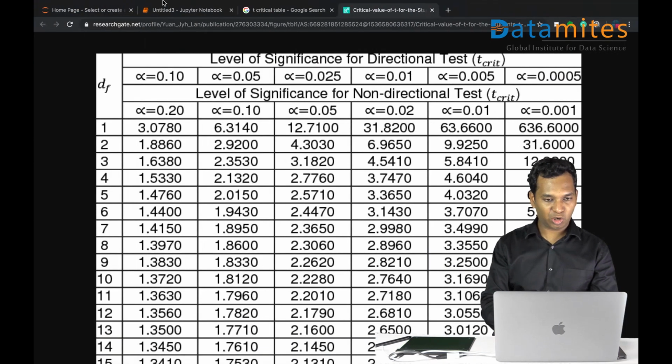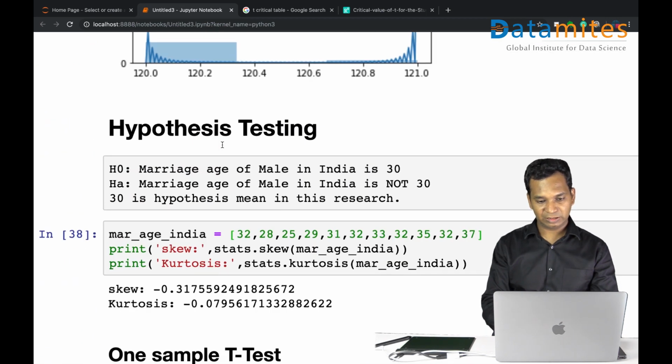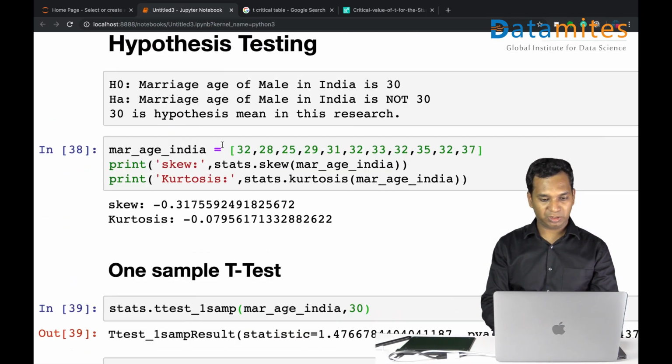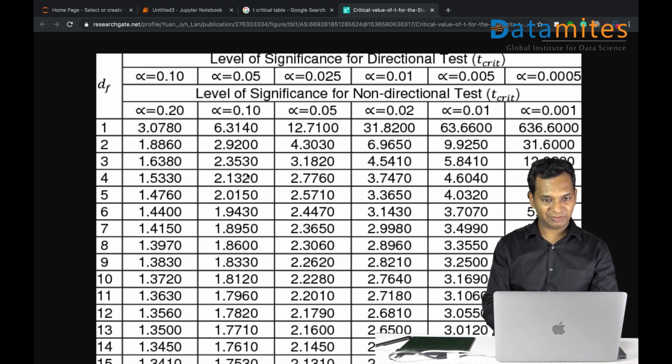For that, I need to know how many records, degrees of freedom you have. Roughly, let's say you have 12. Okay, I think it's about 1.78.